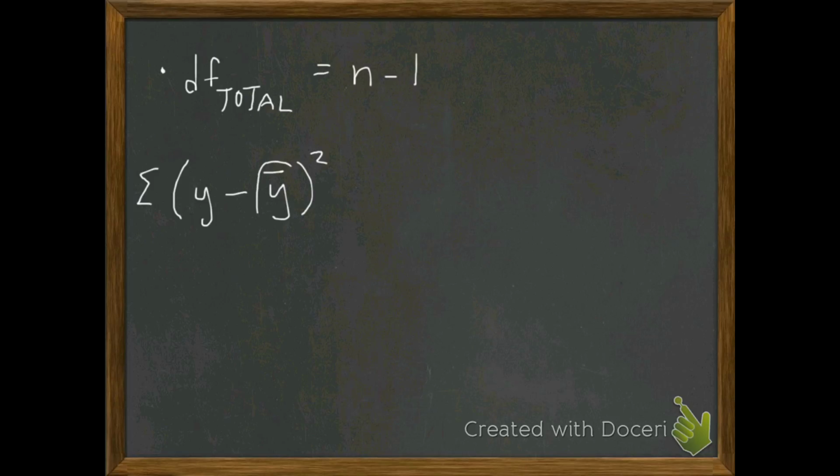Well, y bar was an estimate of the mean response for y. Since we've used something in our calculation that was an estimate, we have to account for that. So we have to subtract 1 for the fact that y bar was used in the calculation of the sum of squares for the total.